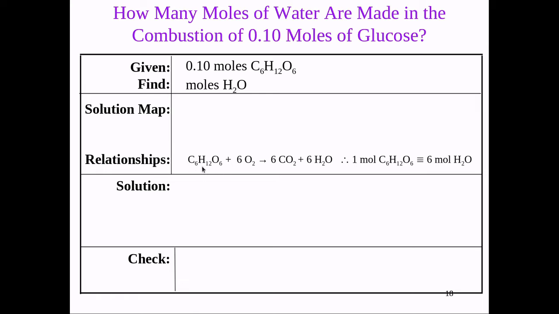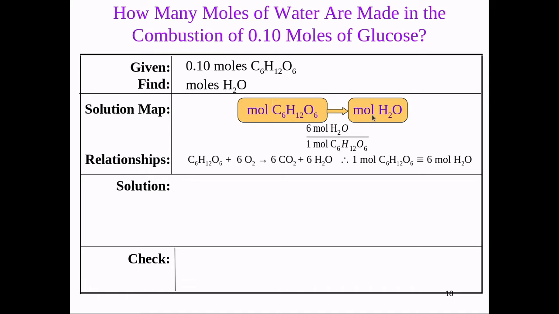We need to take a look at the chemical formula here, and we need to see that for every 1 mole of glucose we're going to produce 6 moles of water. Therefore, we can write this statement down. We can use that to convert between the moles of glucose and the moles of water by including this conversion factor.